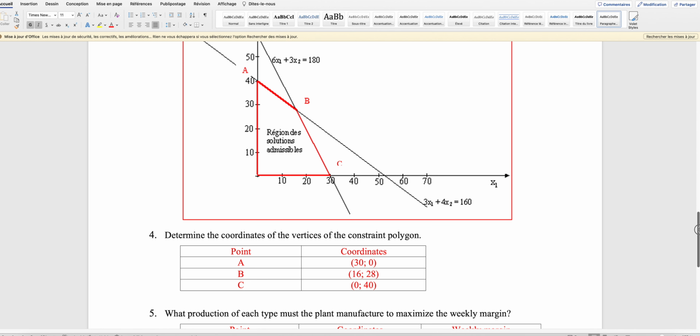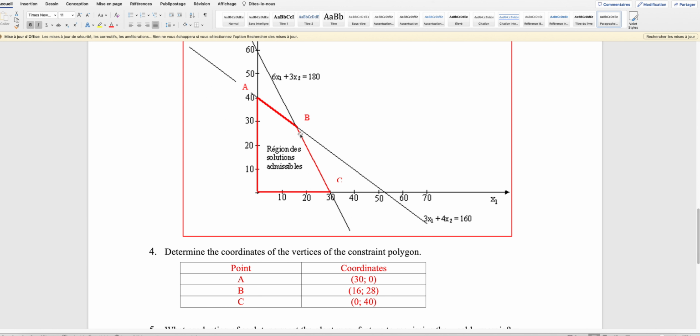We are going to choose what kind of production we are going to realize. It is possible with the point A, B, or C. Of course, the point O, 0, is not possible because we decide to produce.